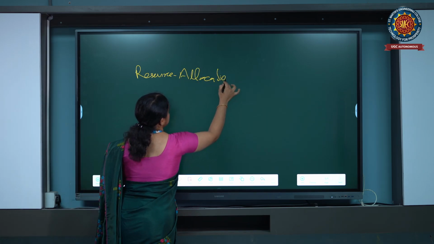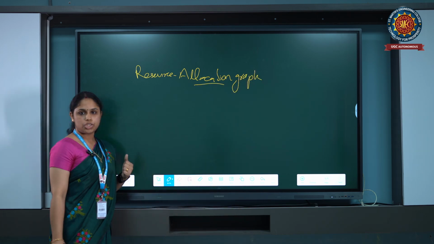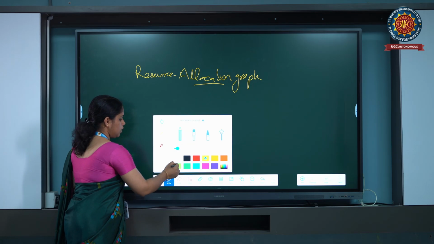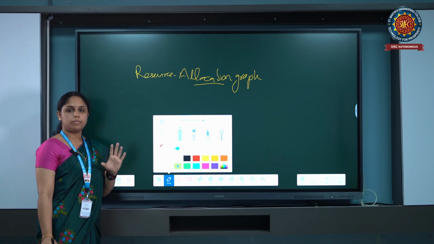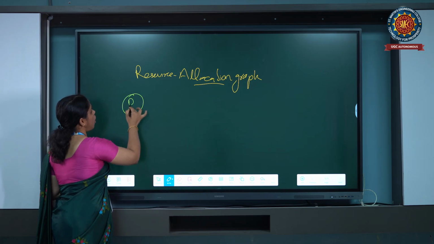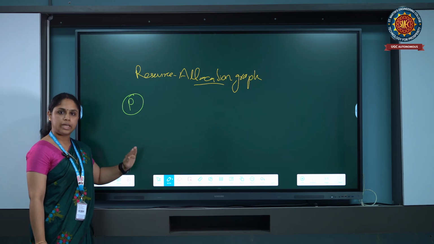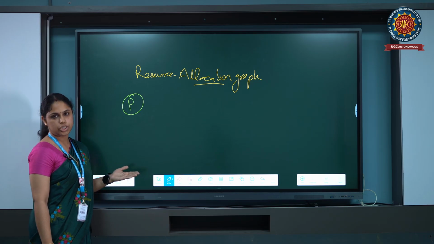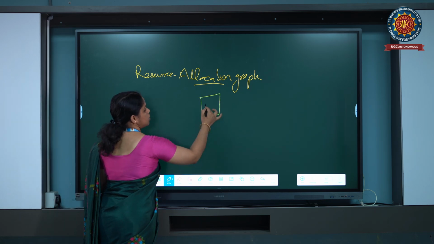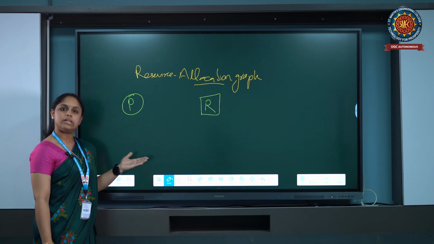It is just like a graph, but there are some definitions for it. One is that a process is always represented as a circle, so P1, P2 or P3, however many processes there are in the resource allocation graph, are represented as circles. Another thing is that a resource can be represented as a square or rectangle.